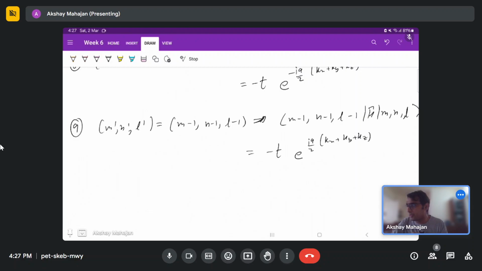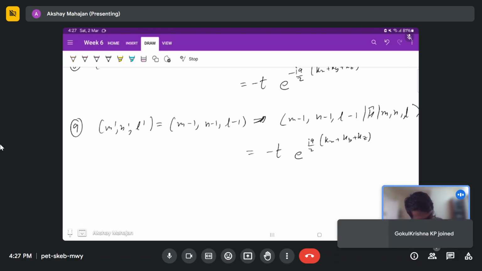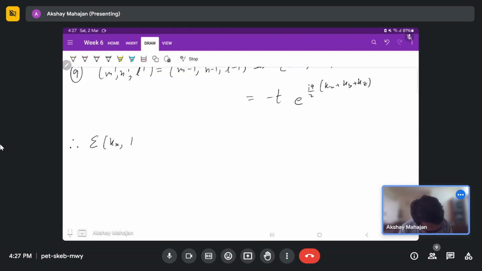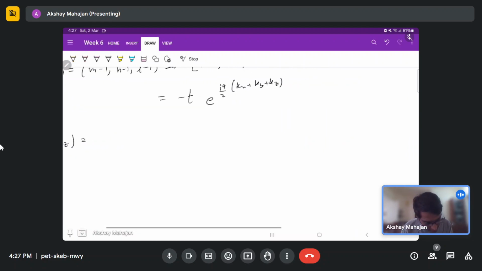Alright, so now we have all our non-zero terms. So now we can write our dispersion relation. Our dispersion relation is basically going to be equal to the summation of all these non-zero terms. So that will be equal to epsilon naught, and then you will have a minus t. Then we will have all this summation.